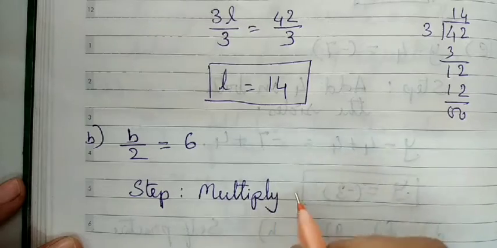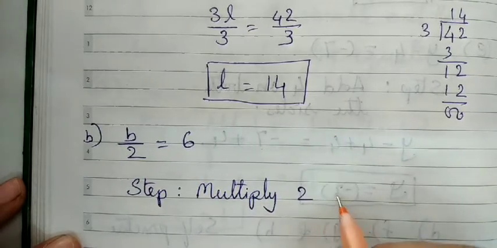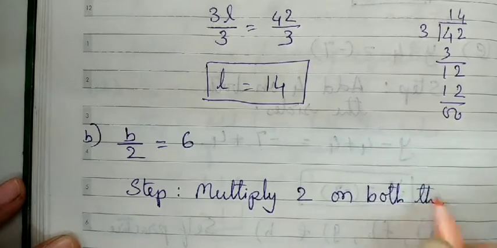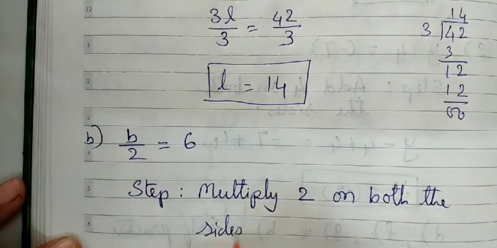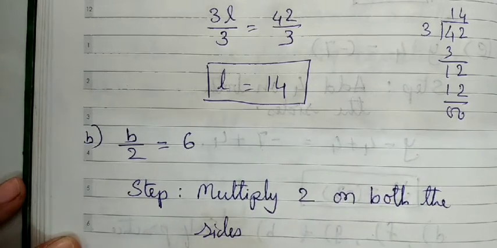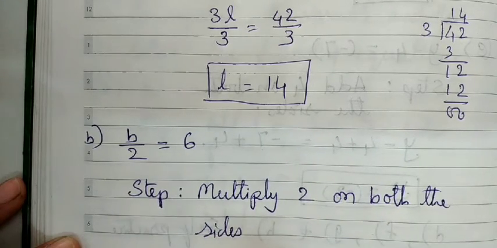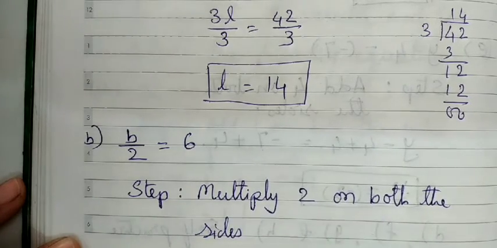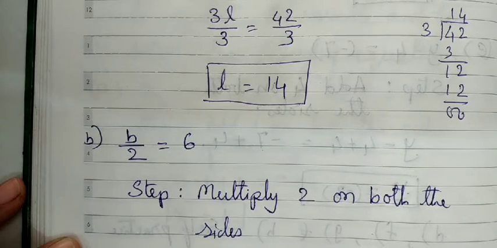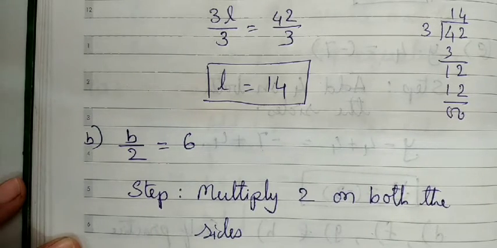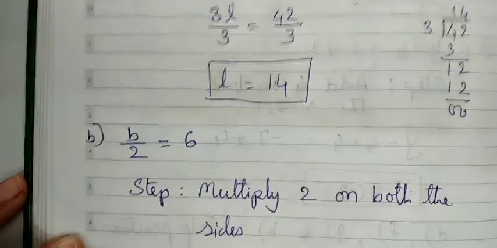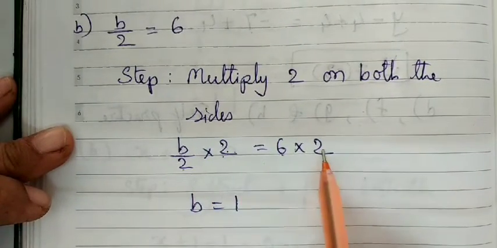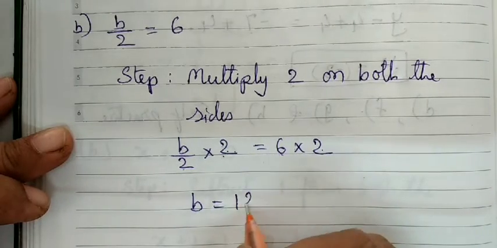Multiply 2 on both the sides. So whatever you are doing, you are writing it. So what will be the answer? The 2s get removed, and B is equal to 6 2s are 12.